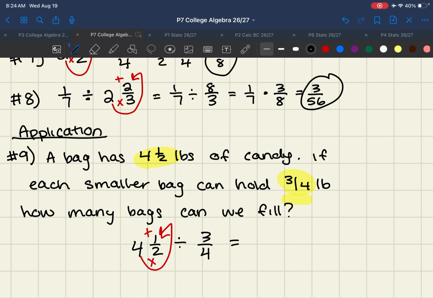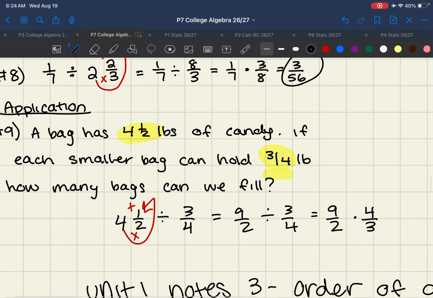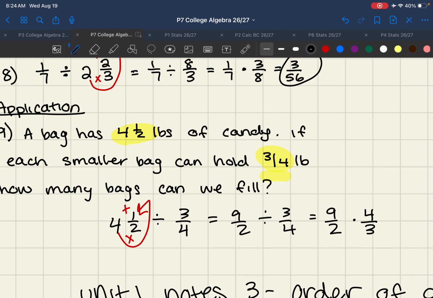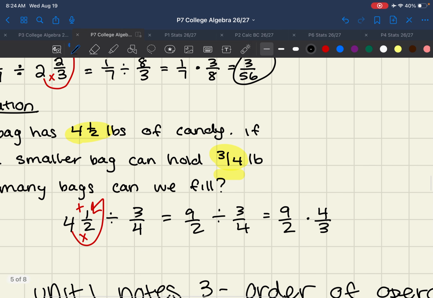So I have 9/2 divided by 3/4. Then I keep my first fraction, change my sign, and do the reciprocal of the second fraction. So now I have 9/2 times 4/3. Multiply across, I have 36/6, which is just 6.